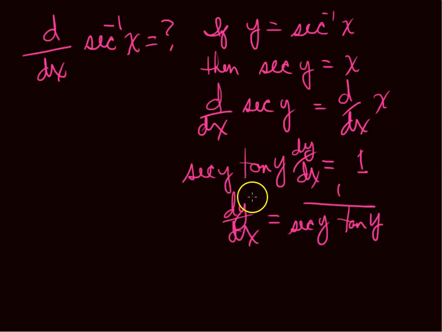And we found out what dy dx is then. If y is inverse secant, right? That's what we want, the derivative of this inverse secant. But hold it, let's make it nicer. We'd like to make this look similar to the other forms.